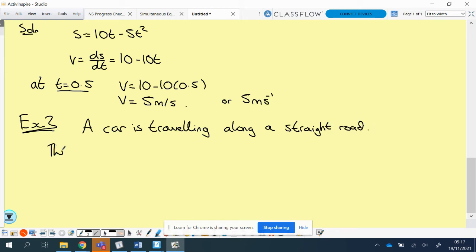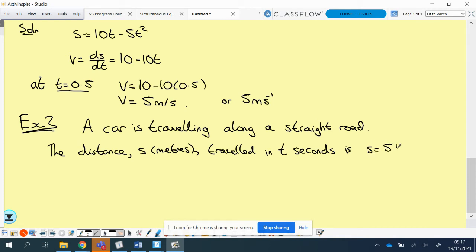The distance s, again in meters, travelled in t seconds is s equals 5 plus 2t plus t cubed. Okay, so that's my function there, 5 plus 2t plus t cubed.